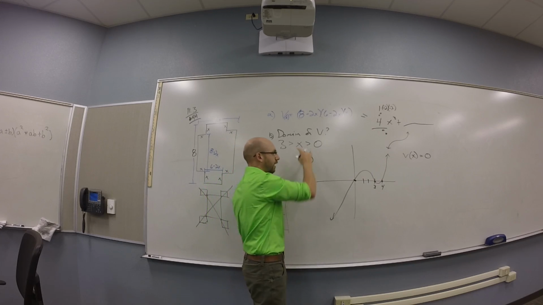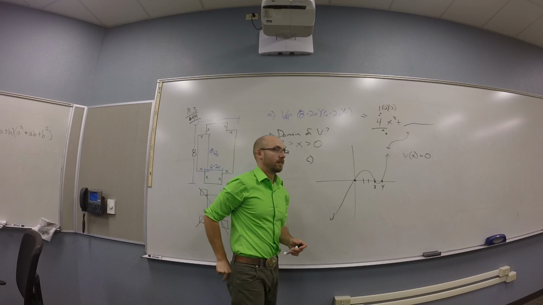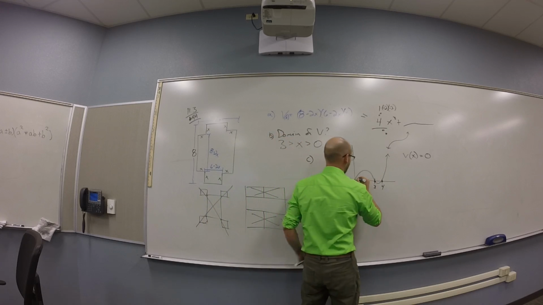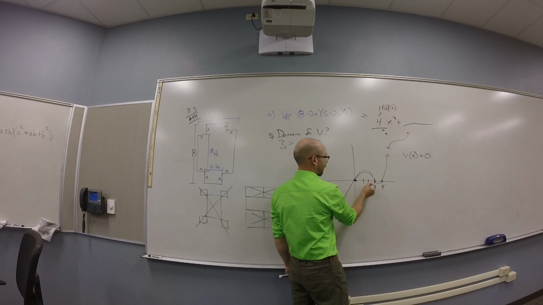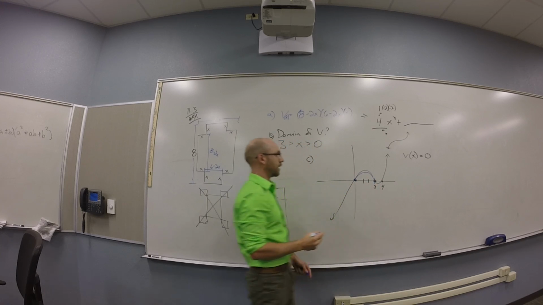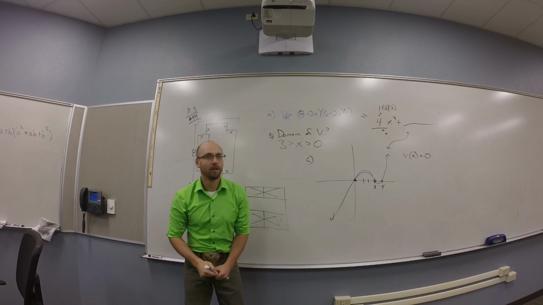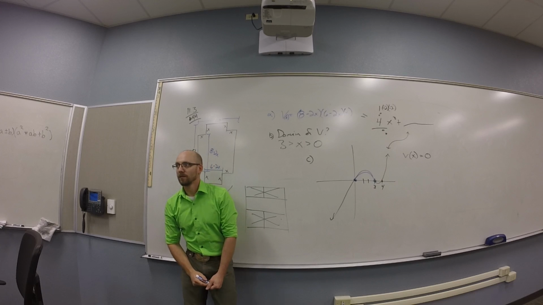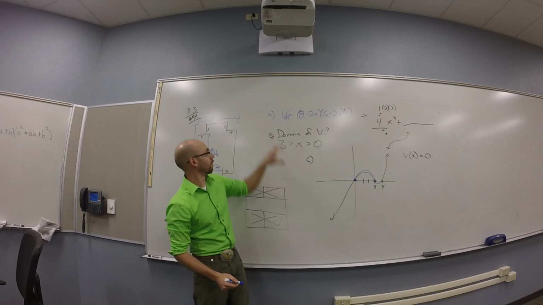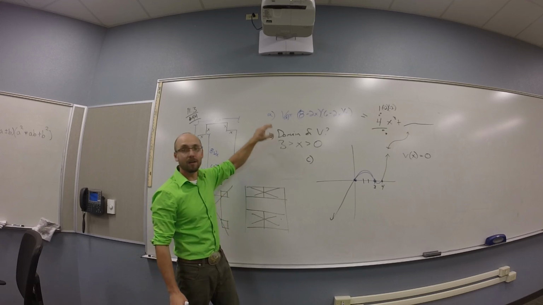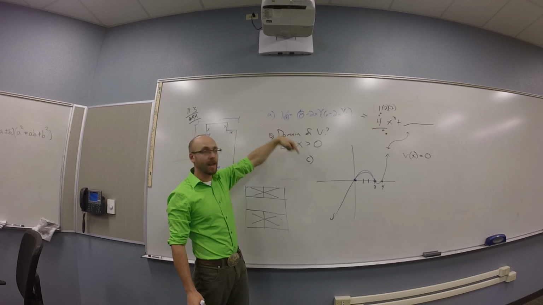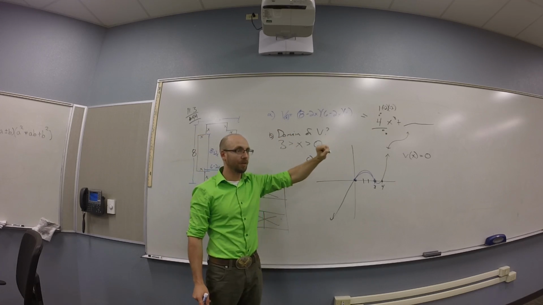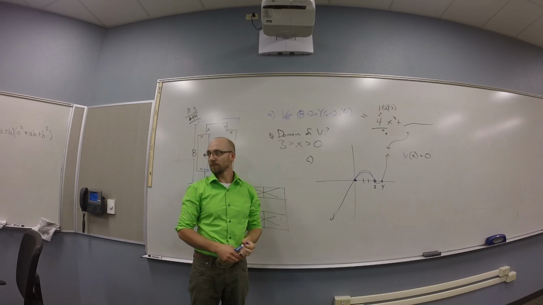If I restrict to the domain of v, the natural domain here, I really only have this part. You guys cool with this? I kind of like what's going on between 3 and 4.